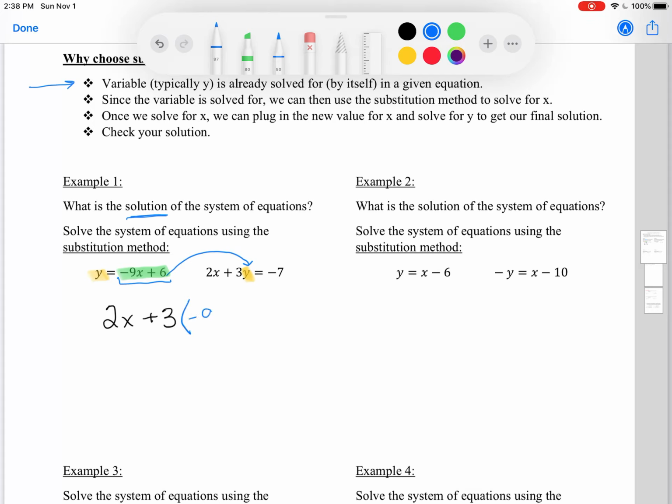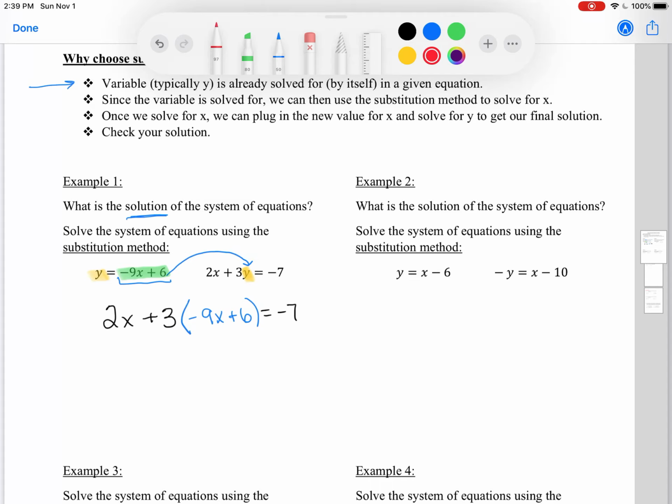And I'll show you how that works. You're still going to have the 2x, nothing changes there. You're still going to have a 3, but now when I see that y, I'm going to replace it with that exact function that I know y has to be. And of course, whenever you swap things out, always remember to use parentheses.